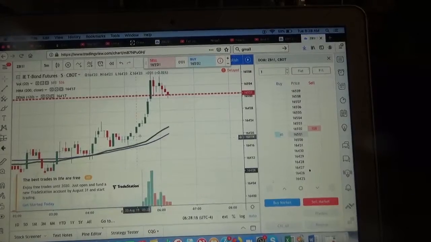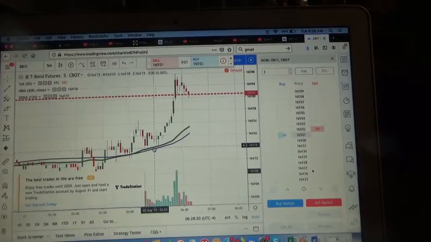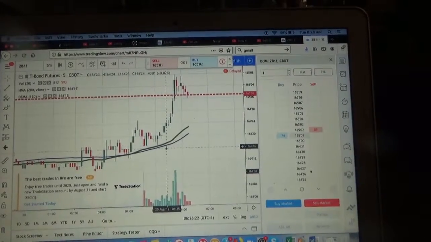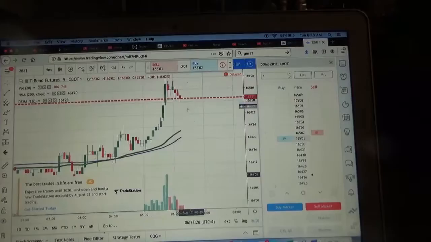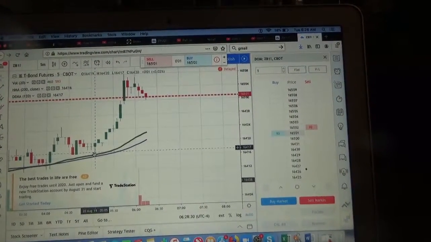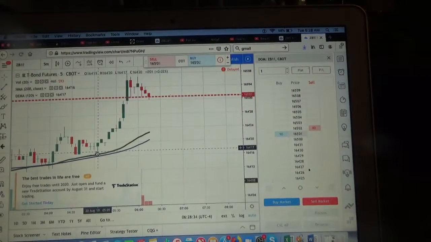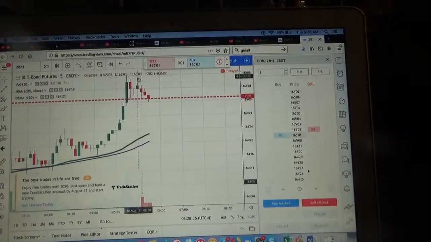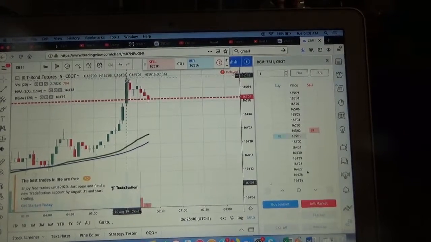So that's almost $1,000 from here to here on one contract. So for every contract, you'd make 1,000 on that one move, and that's from 5 o'clock on August 20 to the next day.